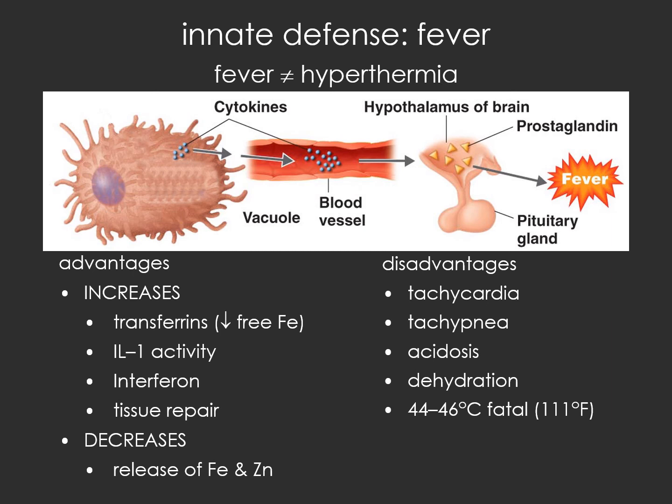When it phagocytizes the pathogen, it releases these chemicals, which move through the blood vessels, through the blood-brain barrier, up into the brain, get to the hypothalamus, and cause the hypothalamus to produce a chemical called prostaglandin, which resets the body's thermostat. So no longer does the body's thermostat say we want to keep everything at 98.6 degrees. Now the thermostat says we want to ramp the body's temperature up to 100 degrees.